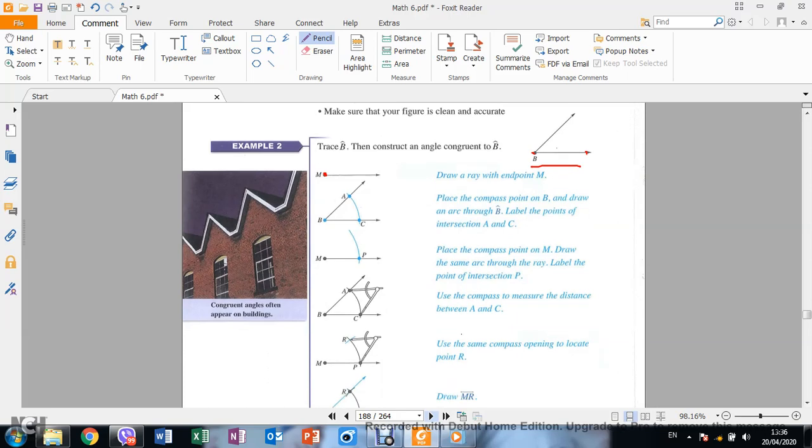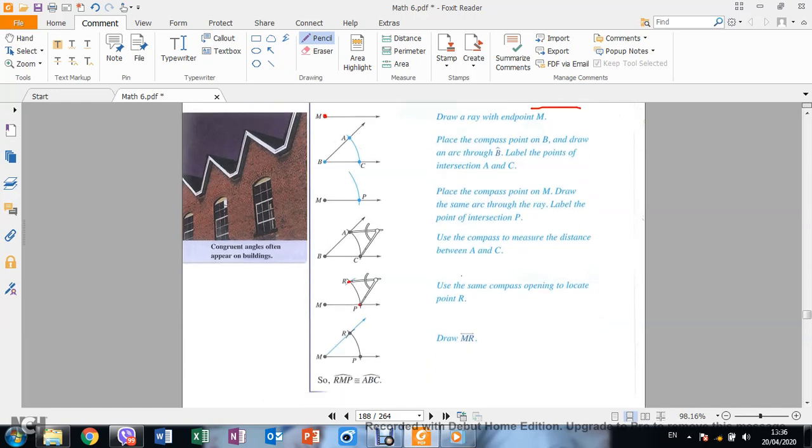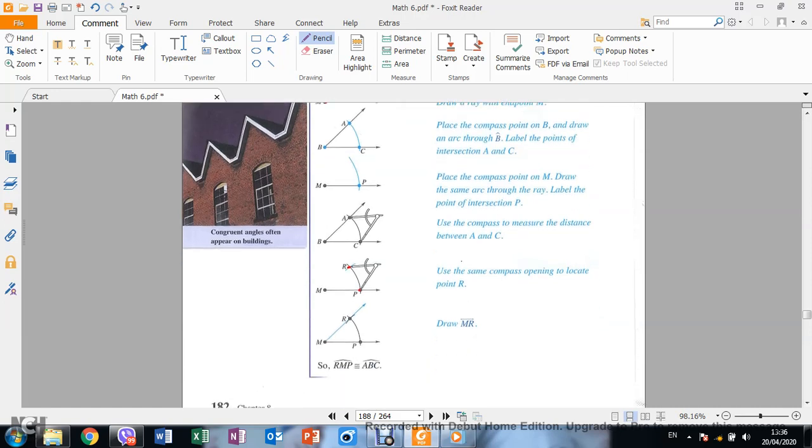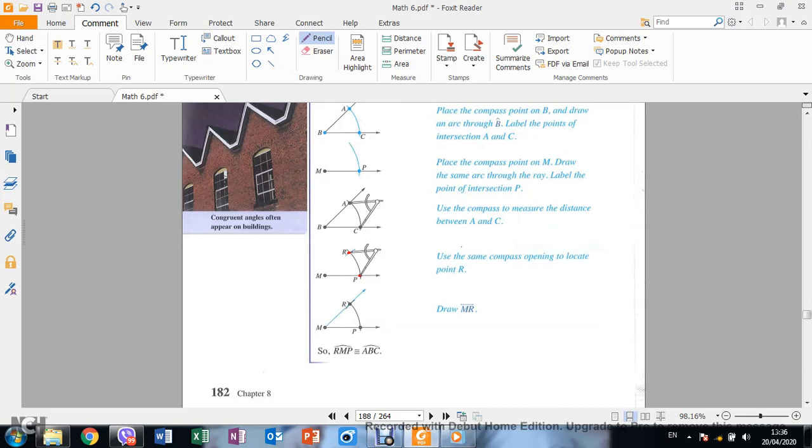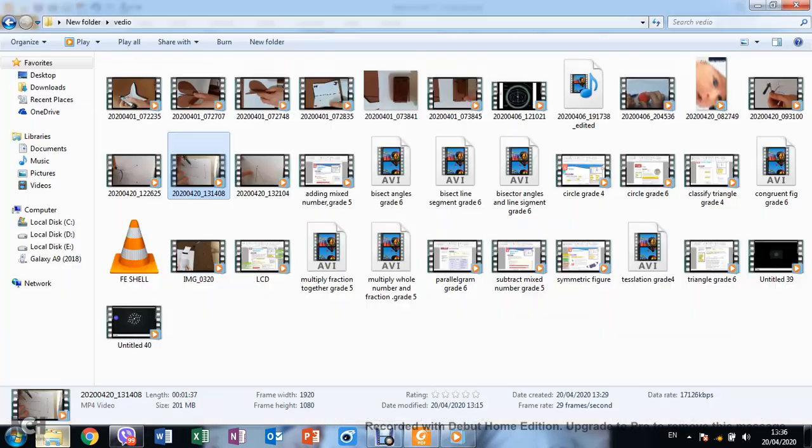After that, from point P, put the compass needle at point P and draw another arc. Directly you get this point, so connect this point with M. Directly we get that angle, which is congruent. So angle RMP is congruent to angle B. Now I show them in this video.